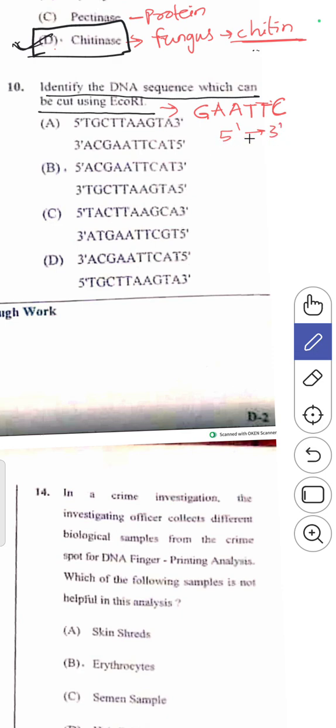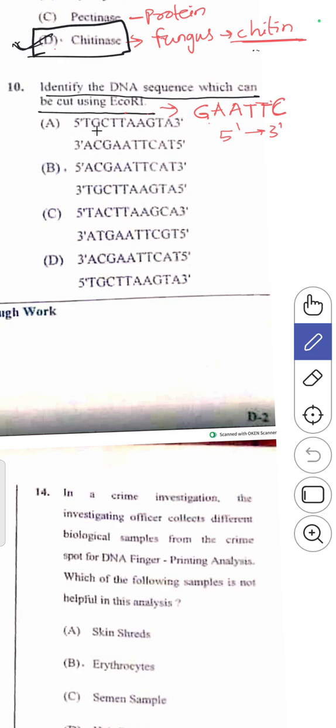So in this 5 prime to 3 prime direction, if the DNA sequence contains this palindromic sequence, GAATTC, then this EcoRI will cut the specific DNA sequence. So in this one, just find out where this GAATTC palindromic sequence is present.